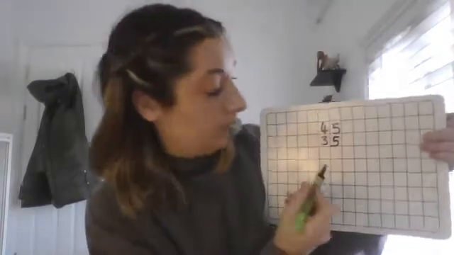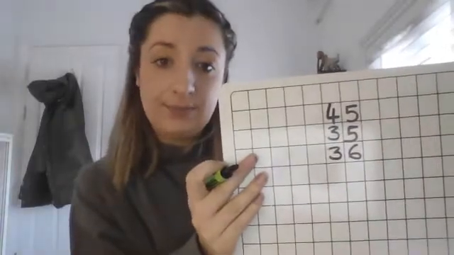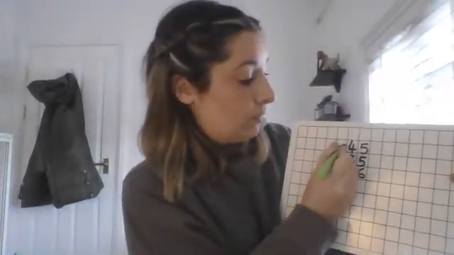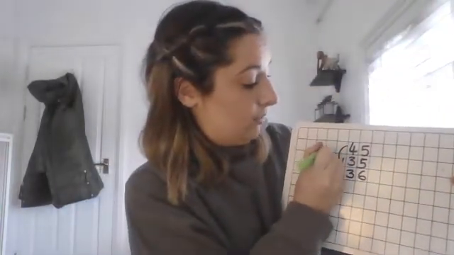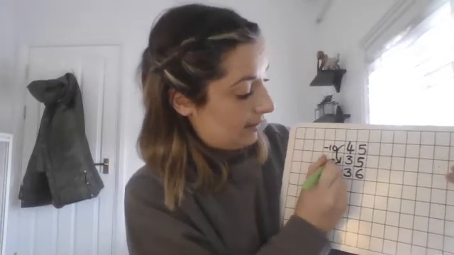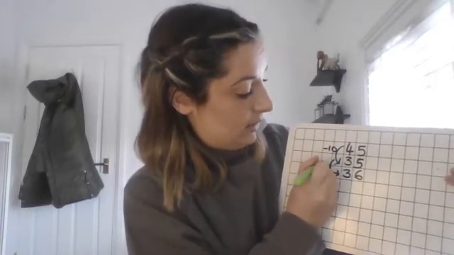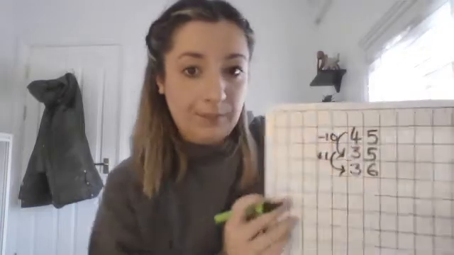That's not the end of the rule. Remember, what's the next part that we need to do? We need to add 1. So 35 add 1 would be 36. Okay, so what we've done here is we've -10, and then we've added 1.